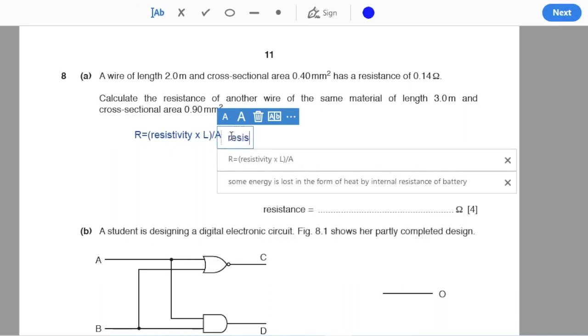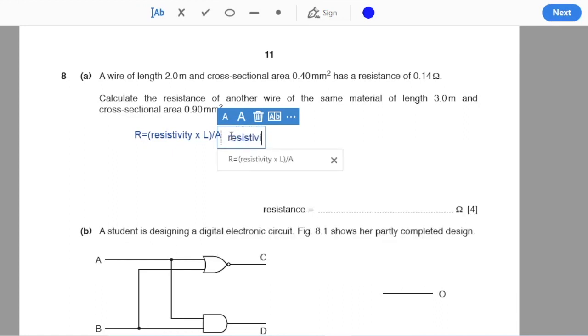So resistivity is equal to resistance multiplied by the cross-sectional area, and the whole will be divided by its length. Now we'll equate both the equations. Resistivity will remain common in both the equations, so we can equate them in terms of resistance, area and length.